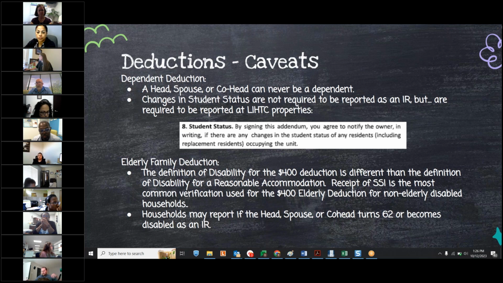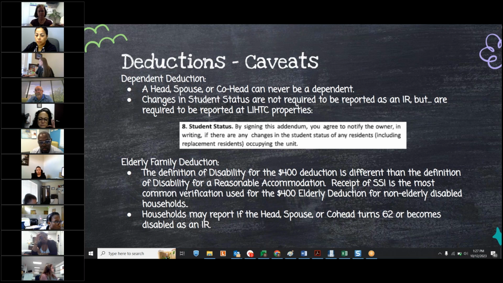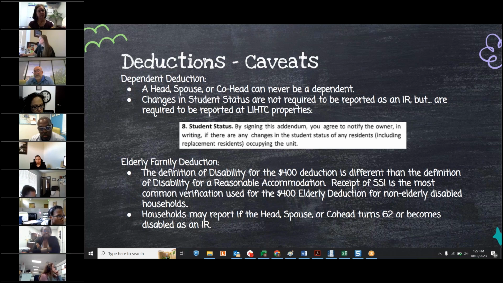By far, the most common thing we see is receipt of Social Security or SSI. If a household member is receiving SSI or they're receiving Social Security and their original award letter says they qualify as disabled, that's all we need. HUD and the Social Security Administration use the same definition for disabled when it comes to the $400 deduction.